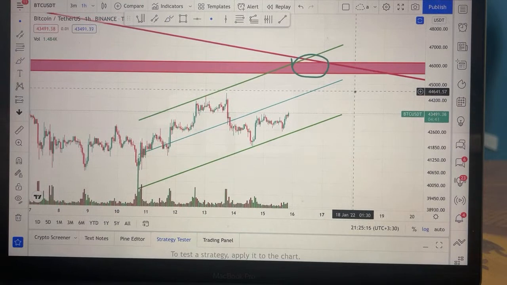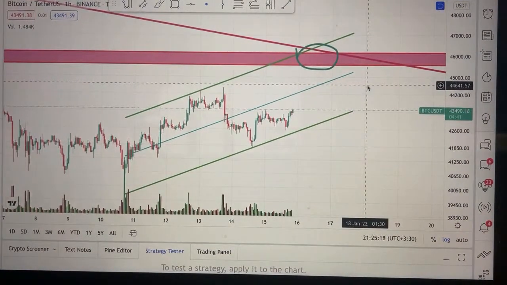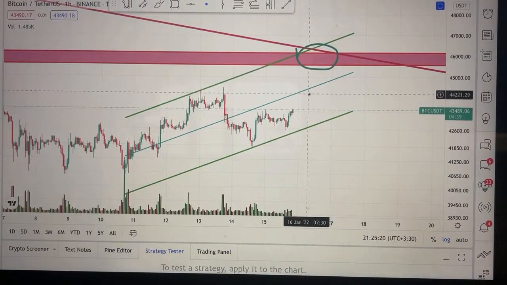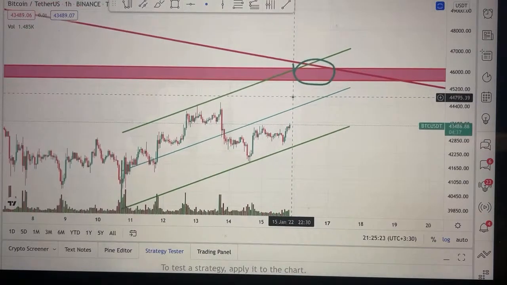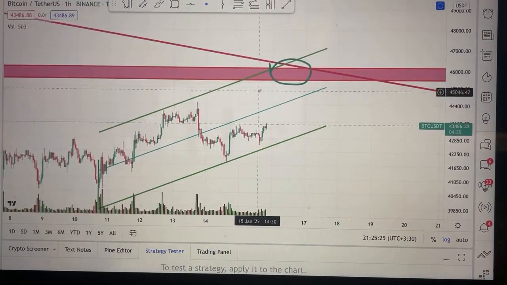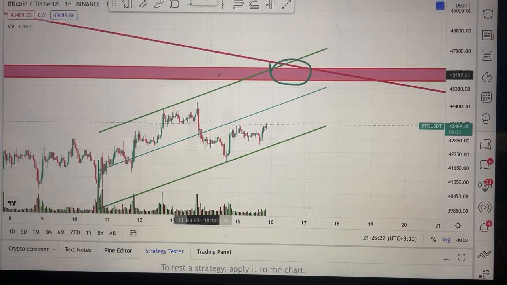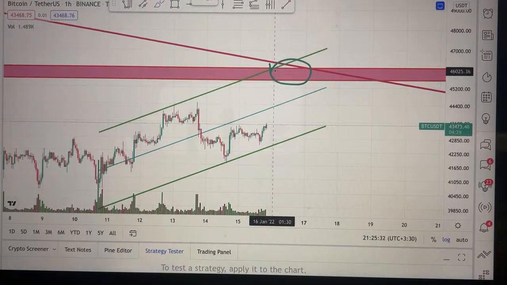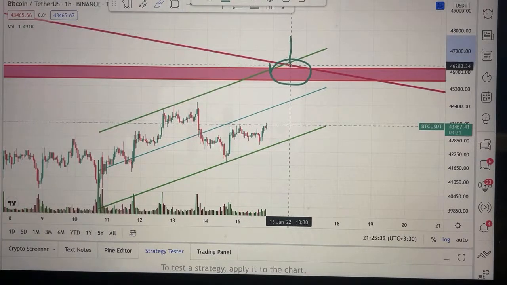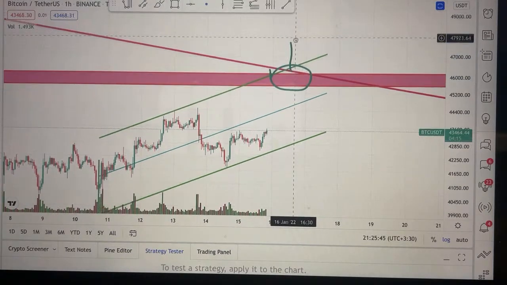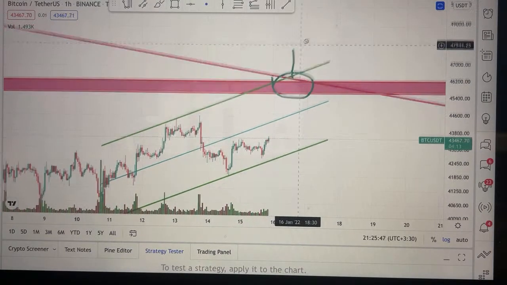Okay, this is quite important that this area is pretty huge for Bitcoin, and I think we are not going to break above this level at the first try at least. Okay, it's going to be several bounces and several movements from this level. So this level is really strong right now, $45,600 to $46,000. It's going to be really strong for Bitcoin.